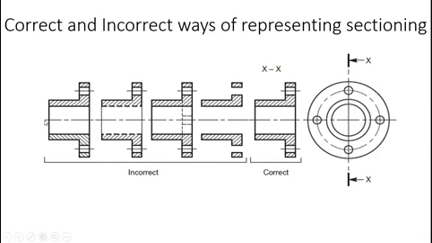Let us start with the first one from the left. We have a drawing here that looks correct. All the visible outlines are shown, and we have the center lines here, here, and also in the middle. Now let's check the hatching lines. Remember, if it is one object, the hatching has to go in one direction.